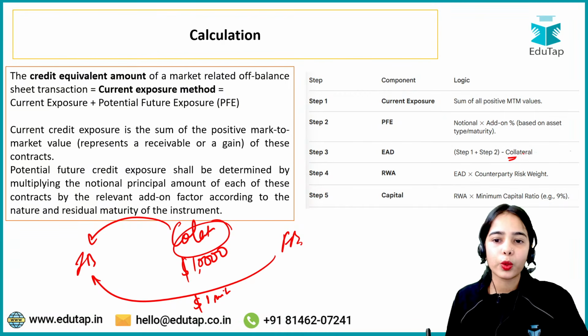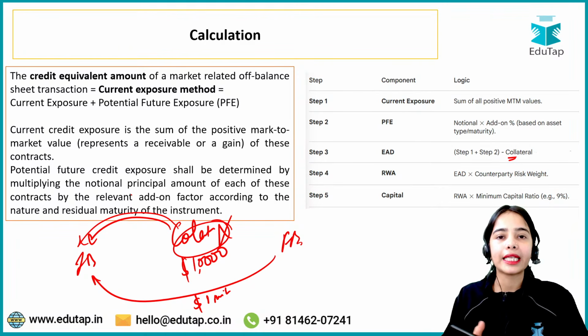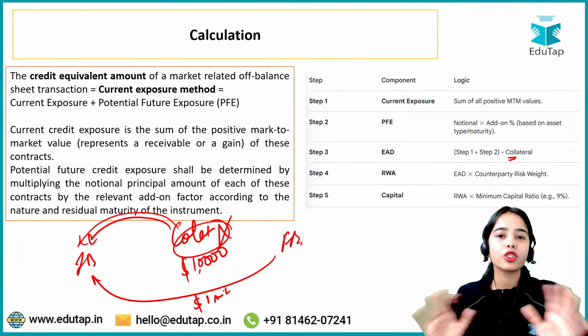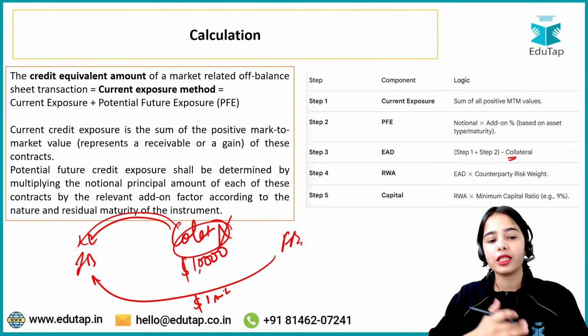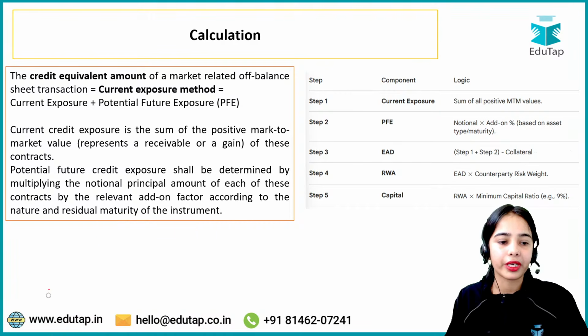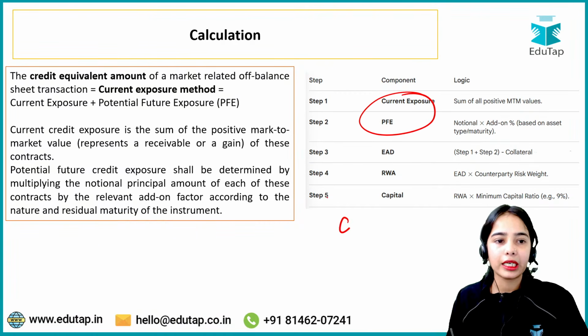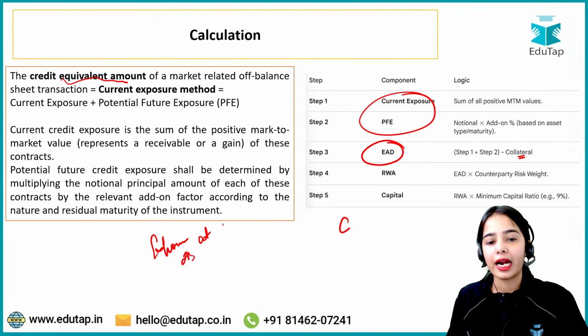So deduct the collateral, because this is not the exposure of the Indian bank. This is the money the Indian bank has already received. So this is the safety net basically. Or let's say $5,000 the Indian bank has already received as the collateral. So out of the credit equivalent amount, deduct the collateral value, then we have got the exposure that the Indian bank actually has at default.